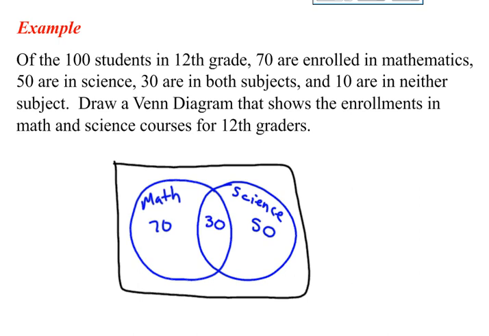So we have to change our numbers here, because 30 are taking both. Well, that means 30 of the 70 that are taking math are taking both. So in this section of the Venn diagram is only 40, because there are 40 students that take just math, and there are 30 that take math and science. So together, the 40 and the 30 add up to the 70 that are taking math.